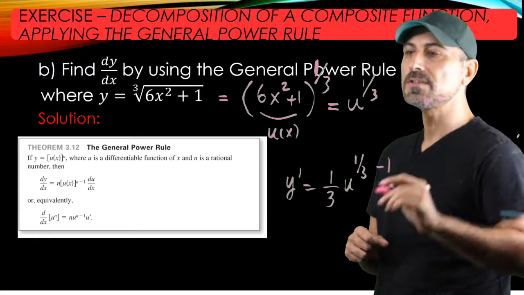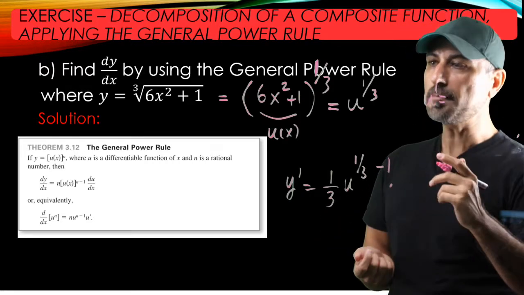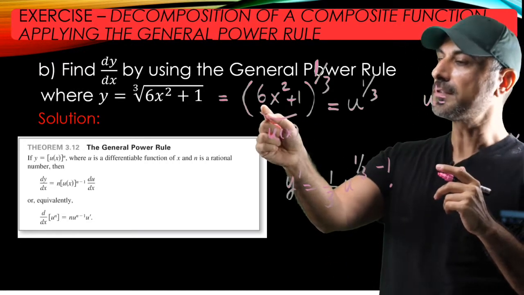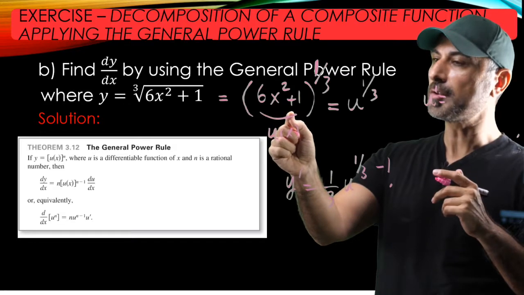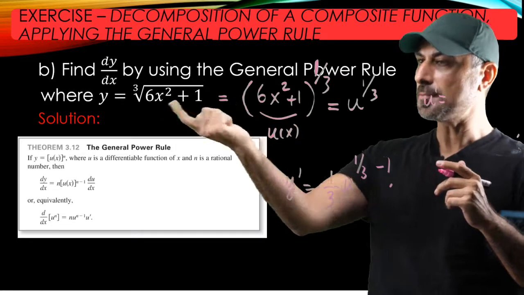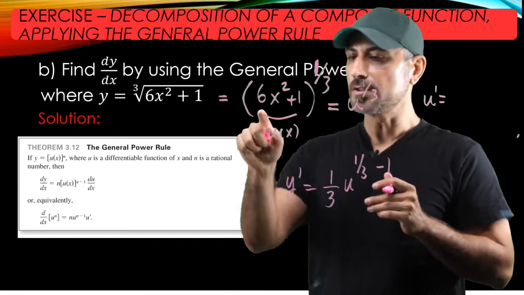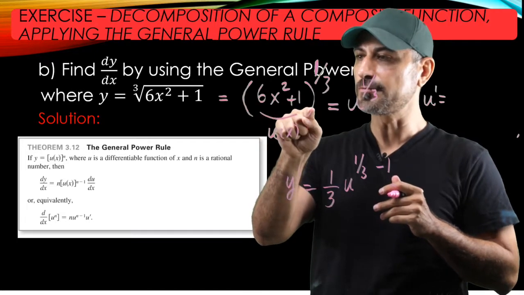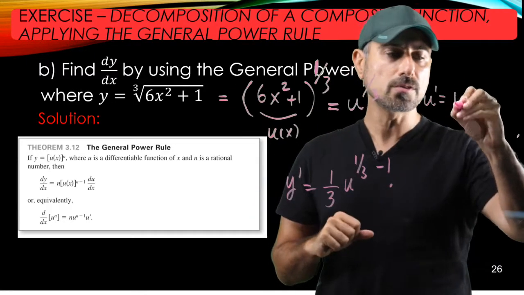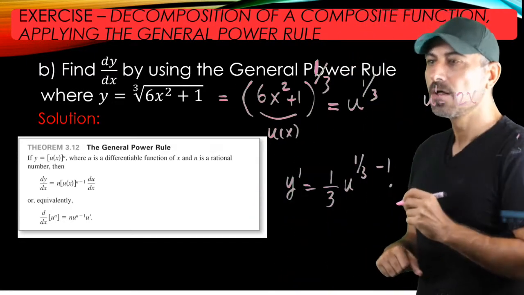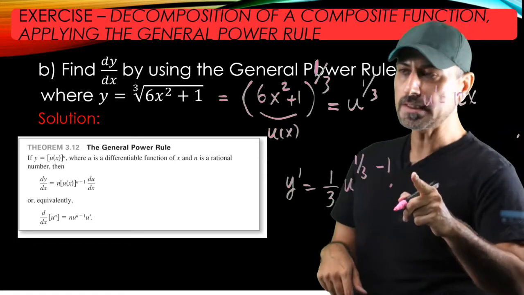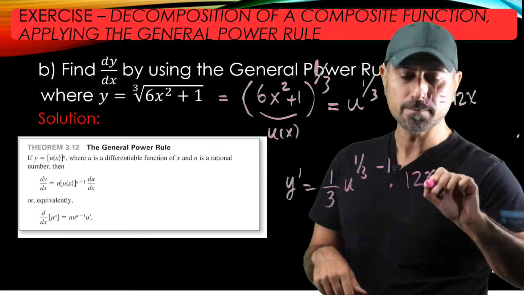So the derivative of u, which is u prime, is the derivative of 6x squared plus the derivative of 1, but we did that in the previous part. So it's 12x plus 0 coming out of the power rule. So it's 12x in short. All right, so we're going to carry forward that right here. So this is u prime.